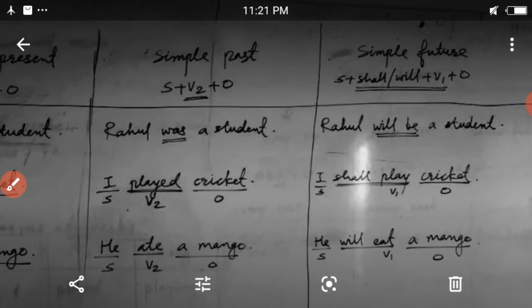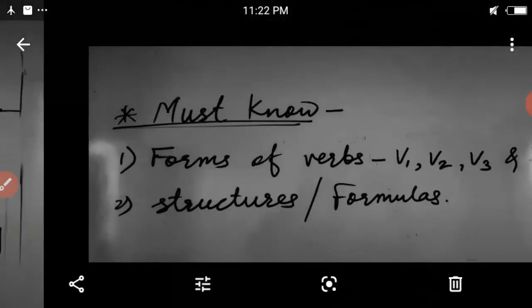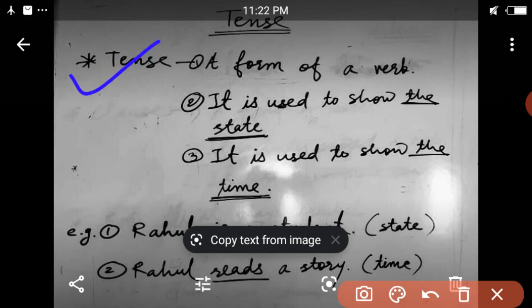So this is all about tenses, simple tenses especially. I hope you all have understood how the sentence of simple present is changed into the sentence of simple past and simple future. So here in this video, at the beginning, I explained what tense means.